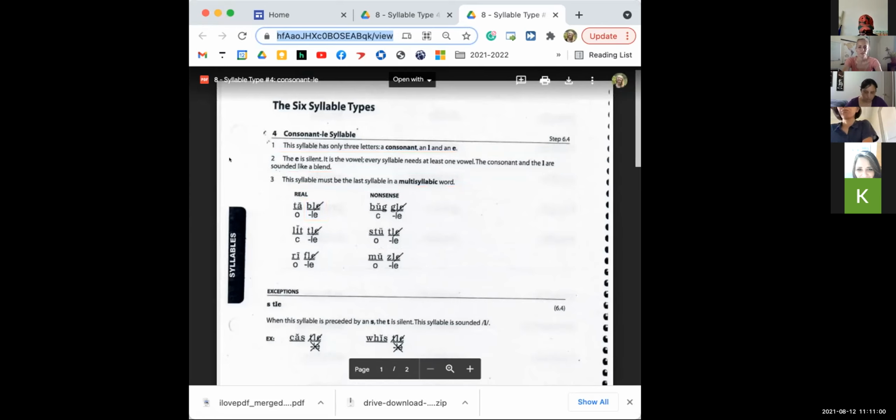Any questions about the consonant-LE syllable? Teacher, can't we say that if the last character of any word is E, then it is silent?